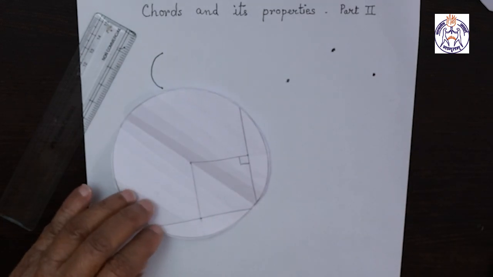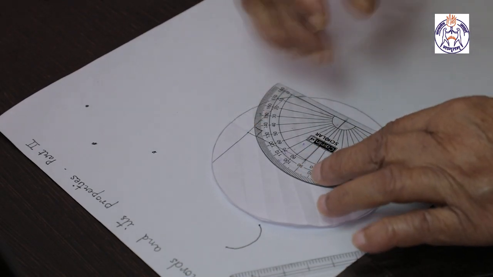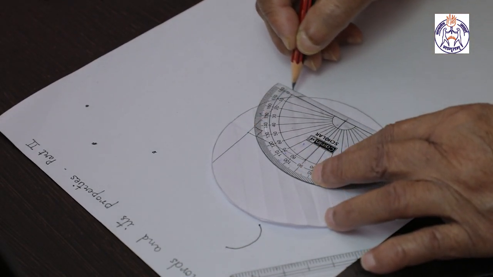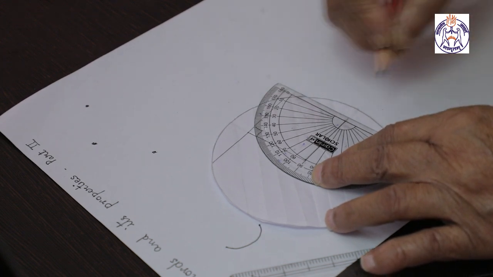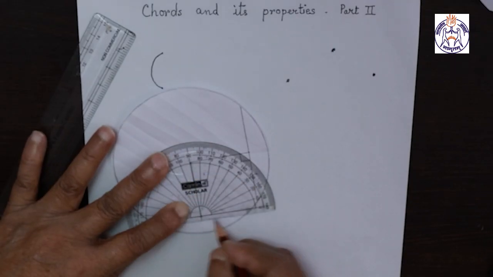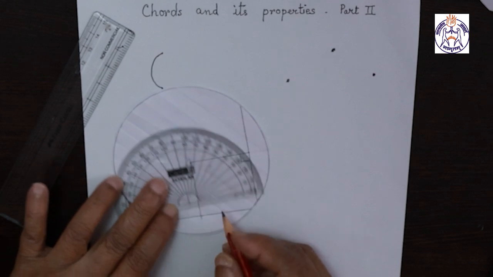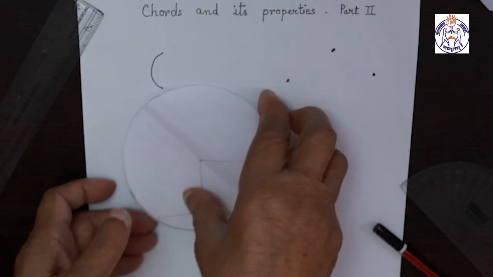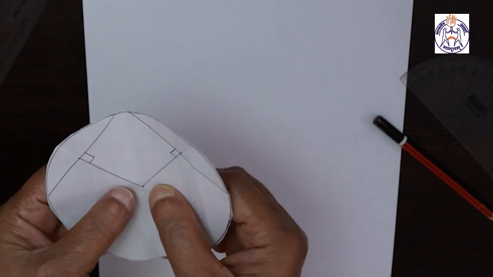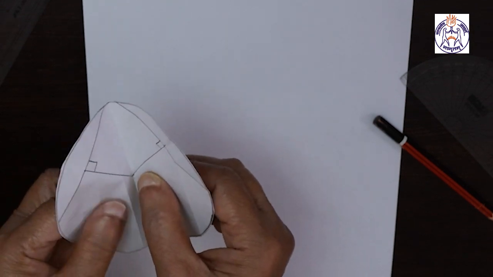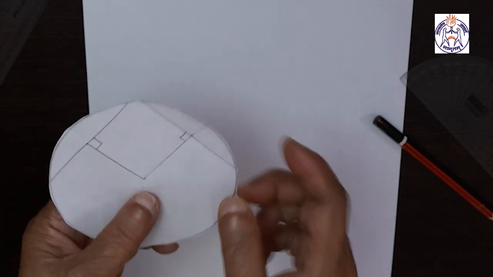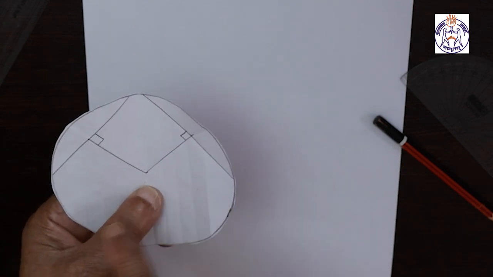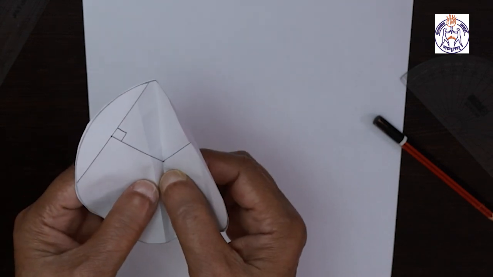Same with this side. We are placing this line on the chord. You can easily see this is also 90 degree. So these two are perpendiculars. Now let us see if these two perpendiculars are equal or not. What we are trying to see, whether equal chords lie at equal distance from the center.